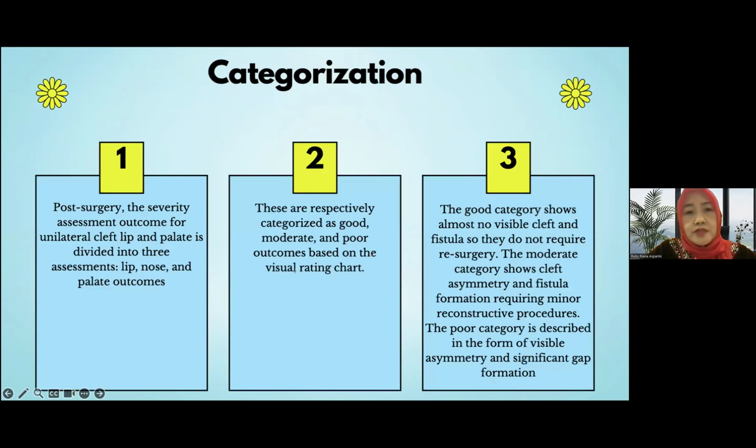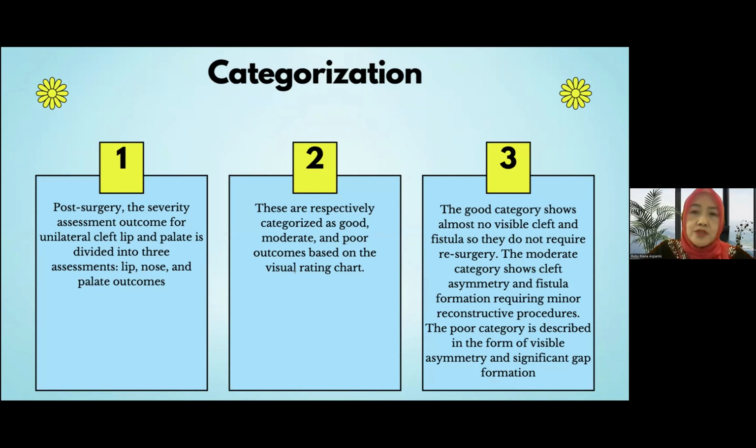Post-surgery, the severity assessment outcome for unilateral cleft lip and palate is divided into 3 assessments: lip, nose, and palate outcome. These are respectively categorized as good, moderate, and poor outcome based on the visual chart.